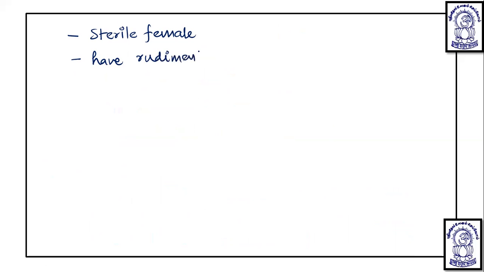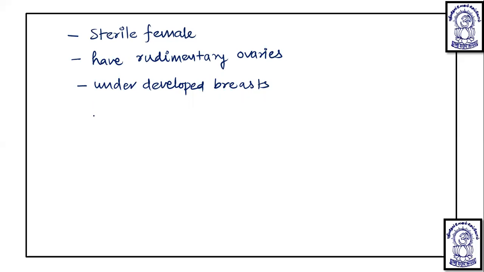Rudimentary means immature, non-functional. Then you will see underdeveloped breasts. Then they have a small uterus. And they have puffy fingers.